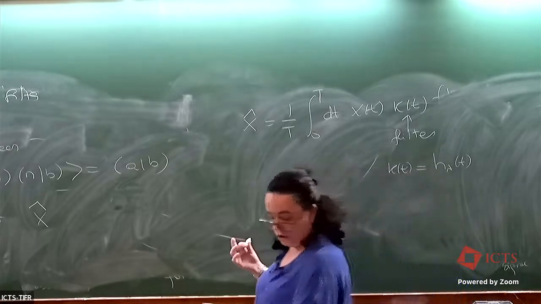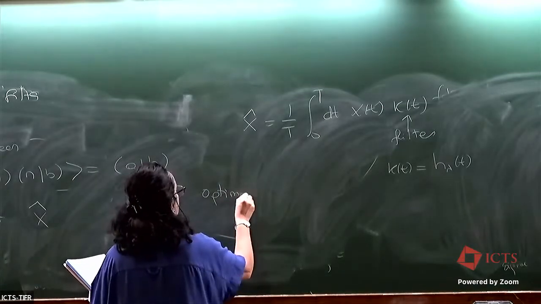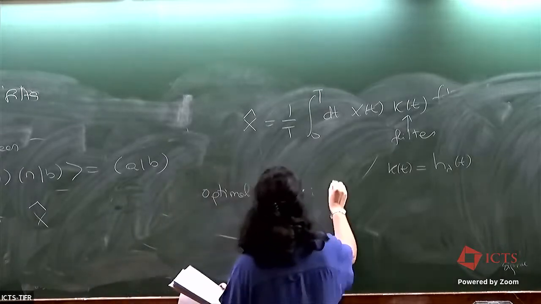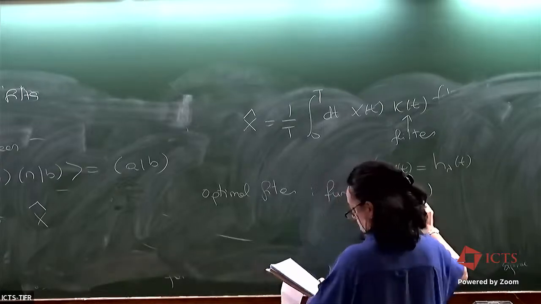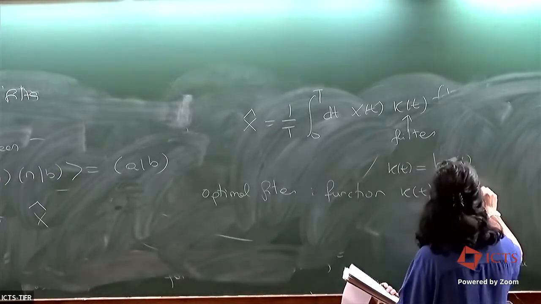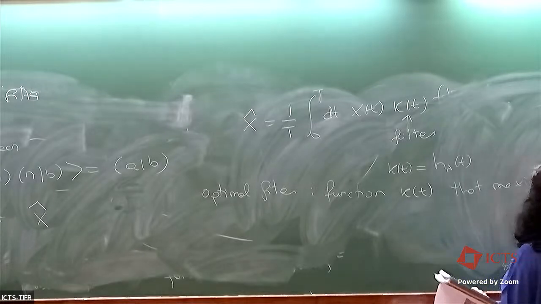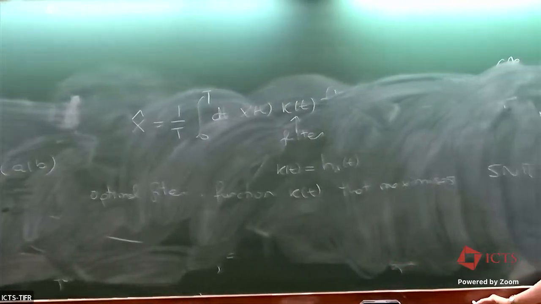The best choice, or the optimal filter, is going to be the function that maximizes what we call the signal to noise ratio.